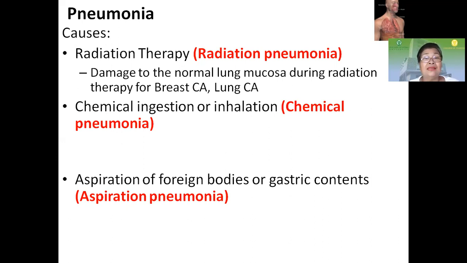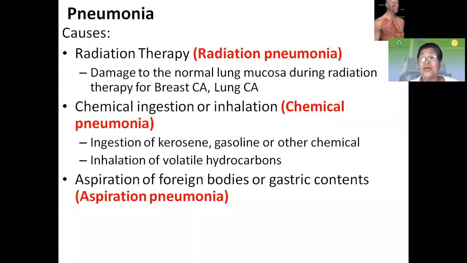While chemical pneumonia is secondary to ingestion of chemical or inhalation, like ingestion of kerosene, gasoline, or other chemicals, or inhalation of volatile hydrocarbons. So it can happen even at home, like kerosene, gasoline na ingest ng bata.